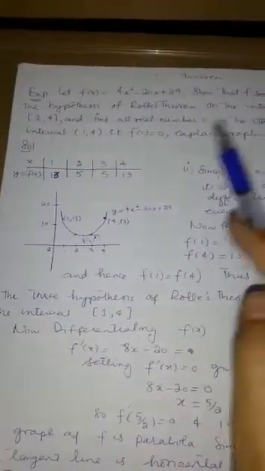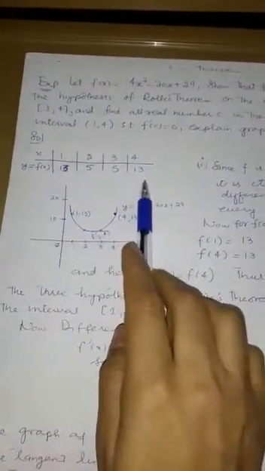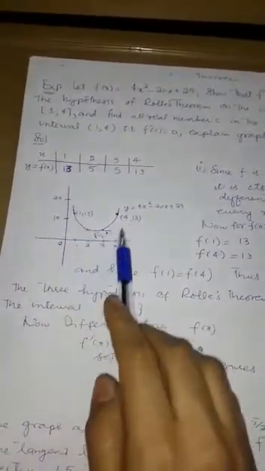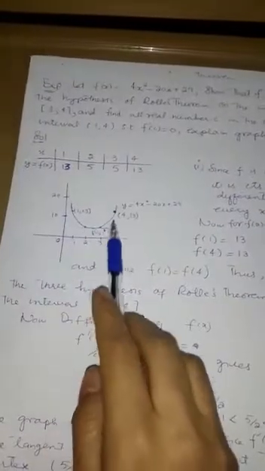Explain graphically. First, for this function, we will plot the values from 1 to 4, and according to 1 and 4 we will have different values, and then we will plot these values graphically. Here is the diagram of this function, which is like a parabola.